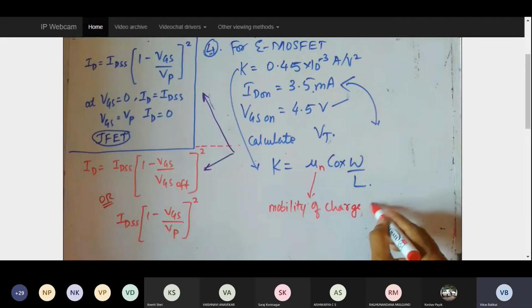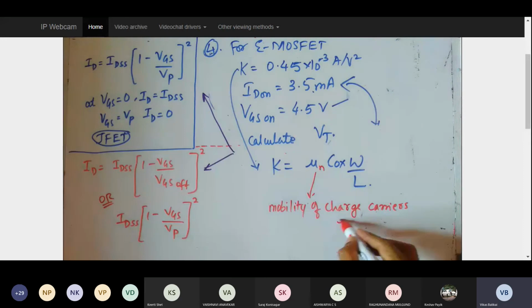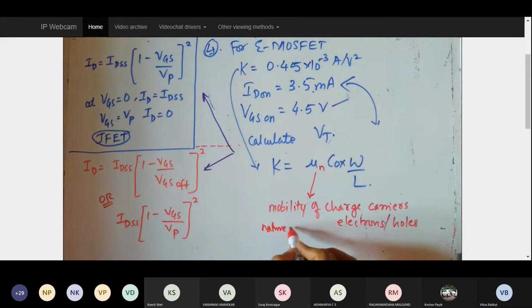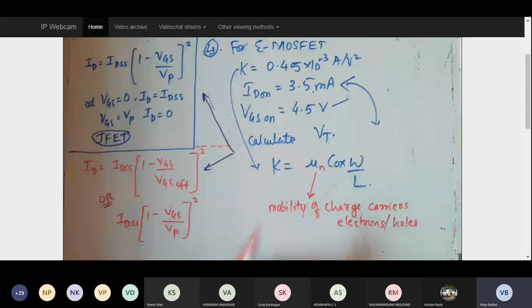What is mobility? Mobility of charge carriers can be mobility of electrons or mobility of holes. It is the natural speed at which they move. Natural speed of the charge carriers.